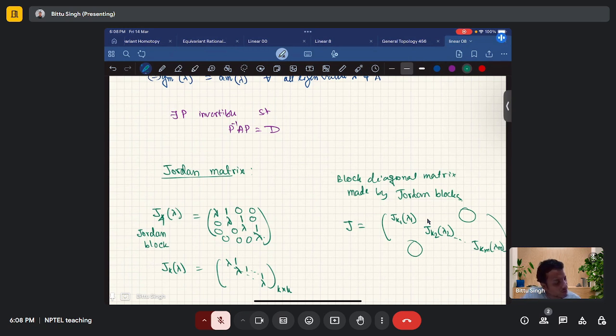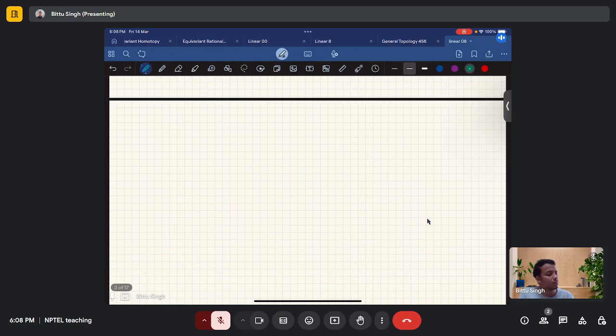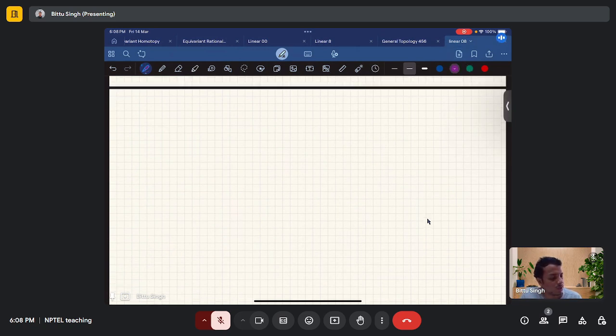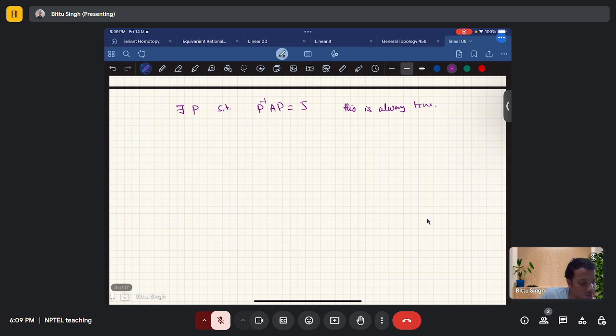Now the interesting fact is that a matrix may not be diagonalizable, but it is always true that there exists some P such that P inverse AP is a Jordan matrix. This is always true, and those P are taken over an algebraically closed field, for example the complex numbers.